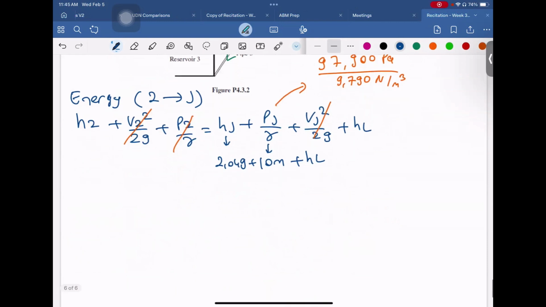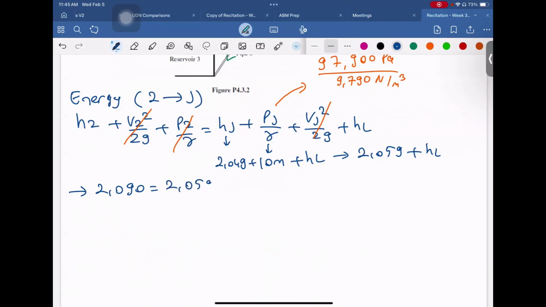So actually, this will be the same for all of these energy equations. So we can write it like this one. So if we continue with the energy equation between 2 and J, 2090 is equal to 2059 plus head loss.